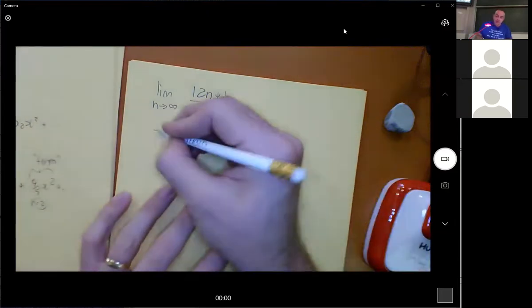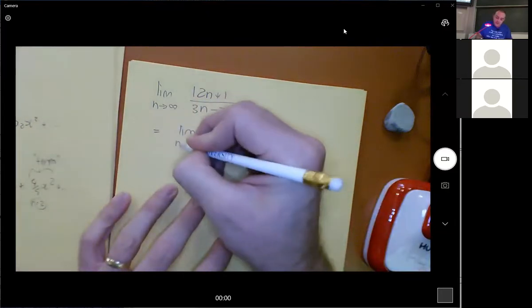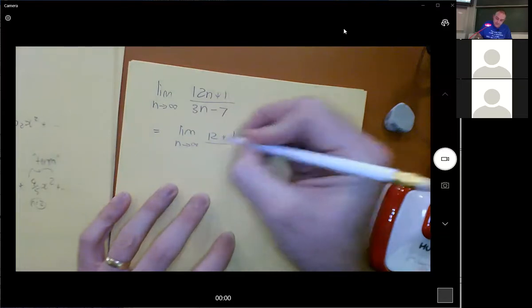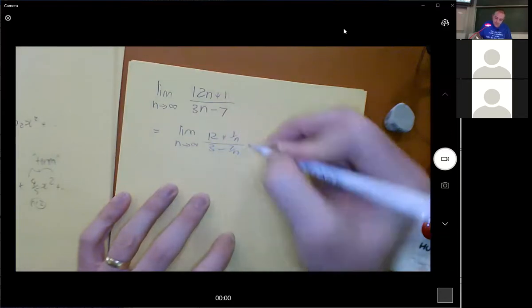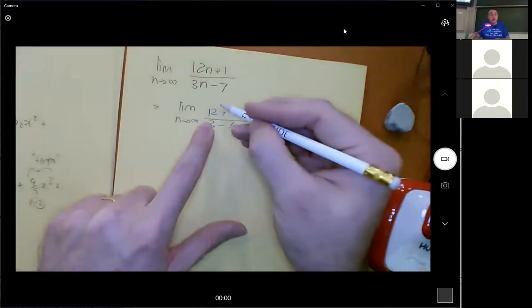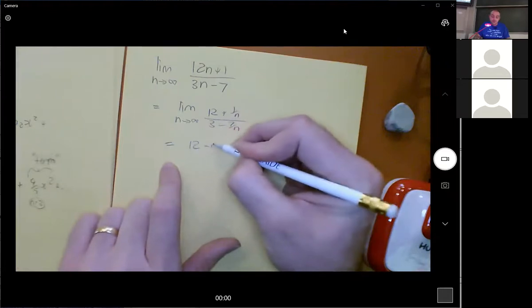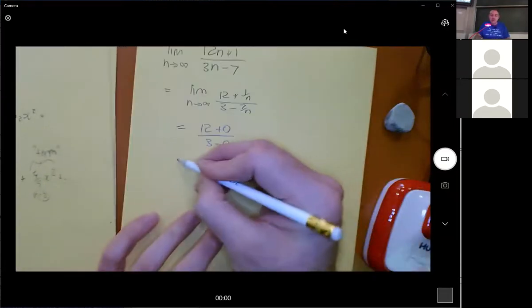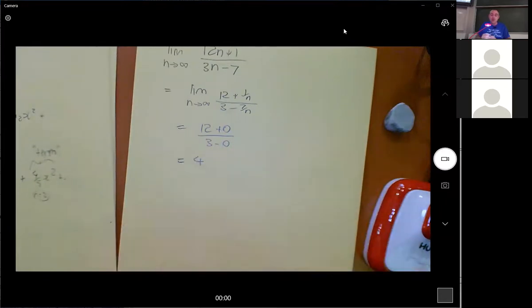So I'm going to divide the top and bottom by n. And now as n goes to infinity, this is 12. And as n goes to infinity, this is 3. And 12 divided by 3 is 4.